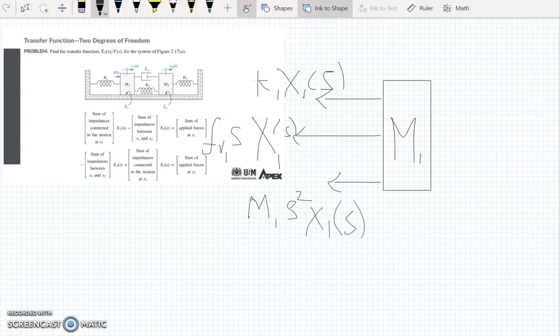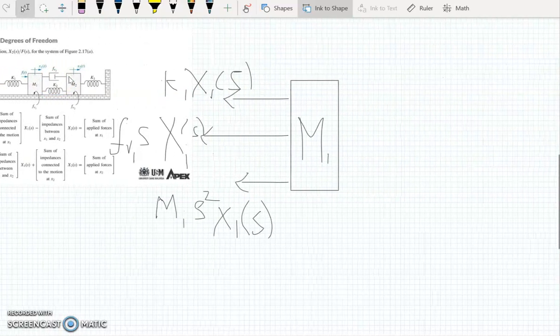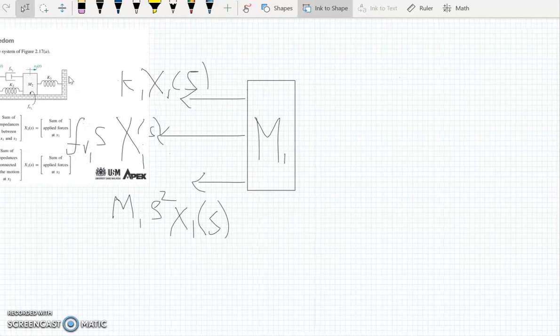You could see this one, because it's pulling the other way around, to the left direction, sorry. And then you also have the forces over here.